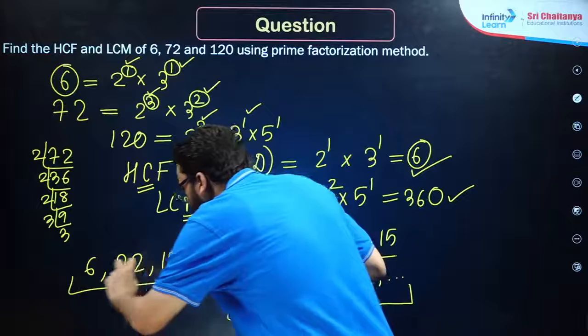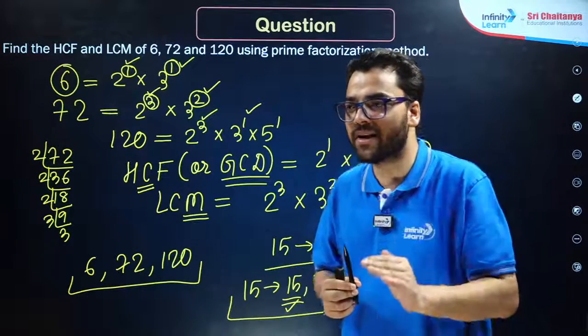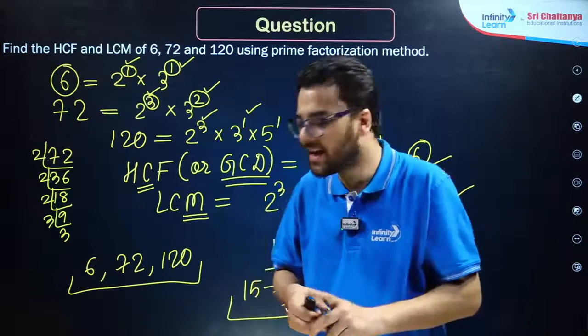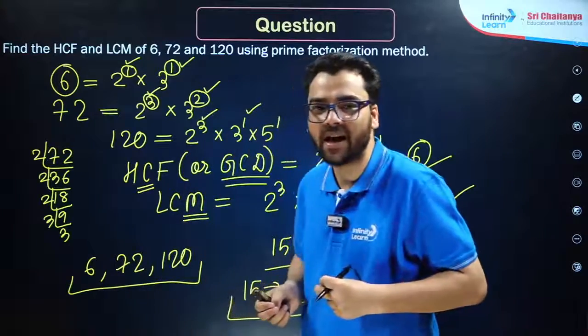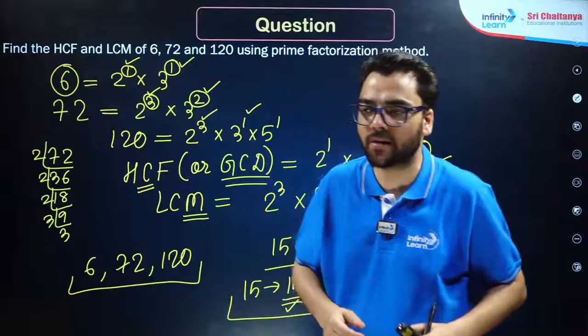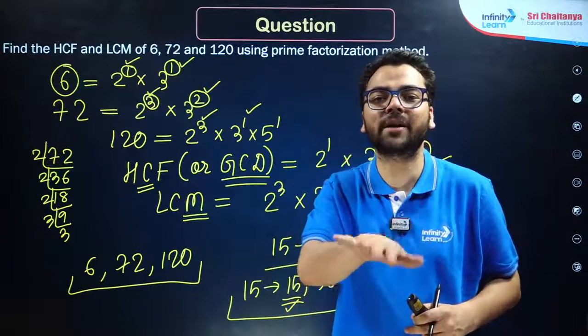Can the LCM of these numbers be smaller than 120? Is it possible? Are you getting that now, Srishti? It is not possible. The LCM of these numbers can never be smaller than 120. Otherwise, how will it be a multiple of 120? Any number smaller than 120 cannot be a multiple of 120.